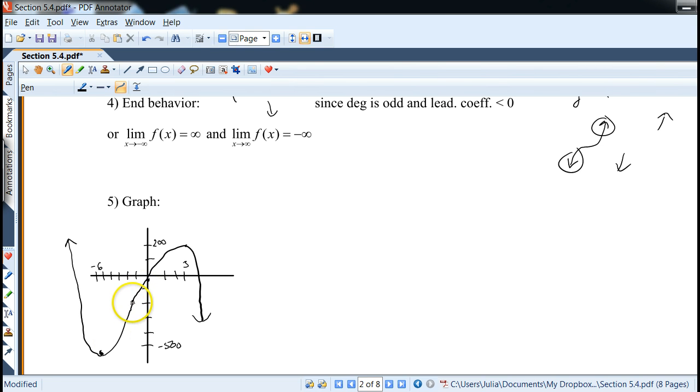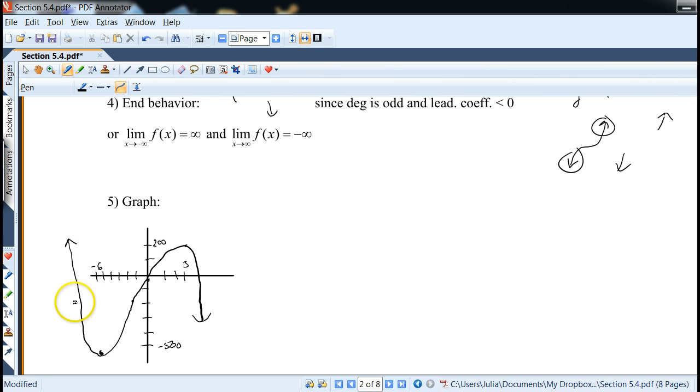I put the inflection point, which was negative 1.5, negative 3 halves, and negative 185.5, something like that, so closer to negative 200. I put the y-intercept at negative 10, very close to 0, and then the maximum at 3, I think 179. So I plotted all of them and then I started joining them.